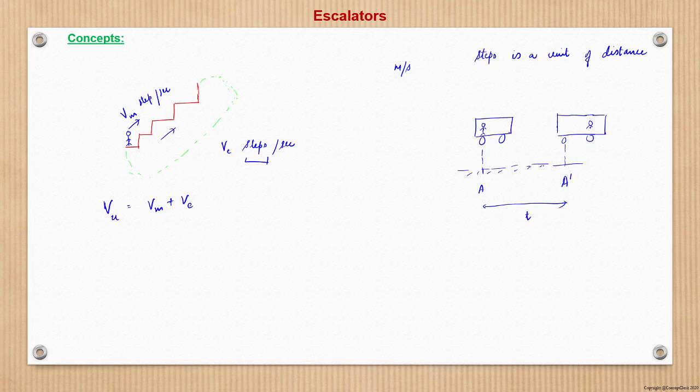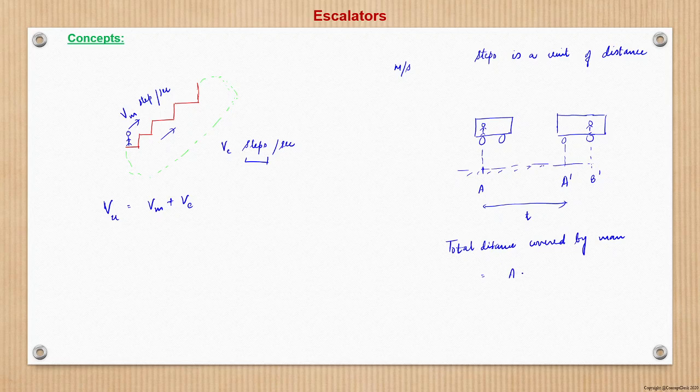So during time t, the man reaches here. Now, what is the effective distance covered by the man during this time? Initially, with respect to the ground, the man was at a position A, and now finally the man is at a position B dash.